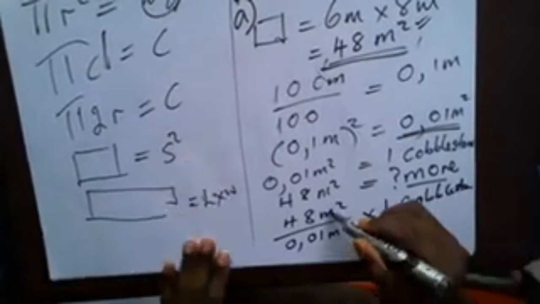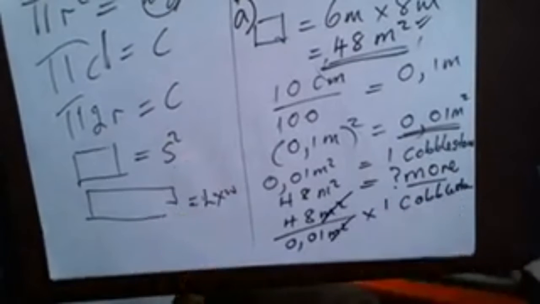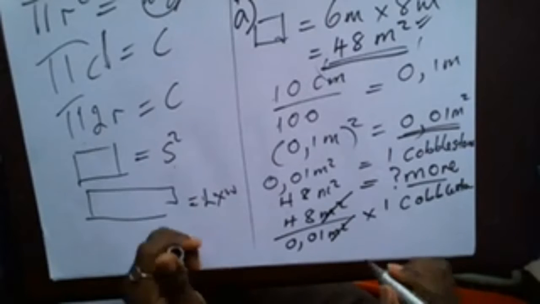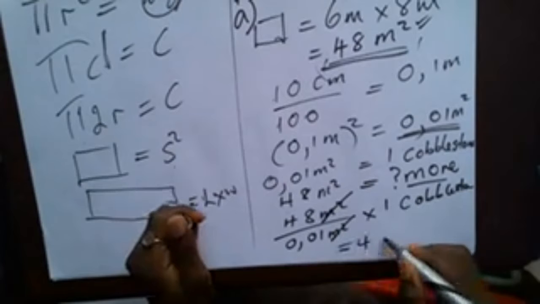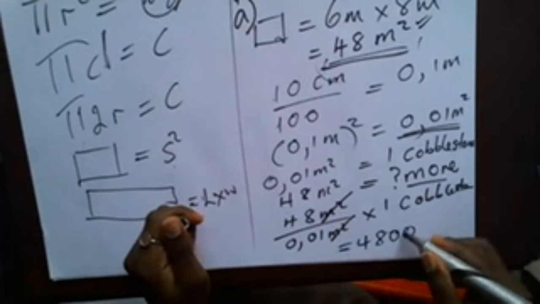Okay? These units, we said they have to be the same. That is the reason why we say they have to be the same. Okay, what do we have? 48 divided by 0.01 will get us 4,800.